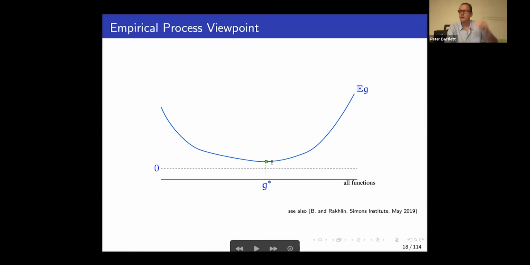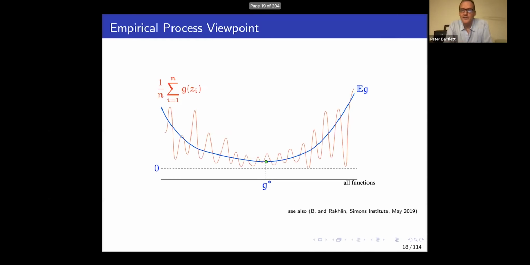This is our goal. We want to predict as well as we can. So we want the expected loss for a prediction rule in our class to be minimal. Well, that function, let's call it G star, might be here in this cartoon representation of the space of all functions. That's our goal, but unfortunately we don't have access to this plot of expectations.